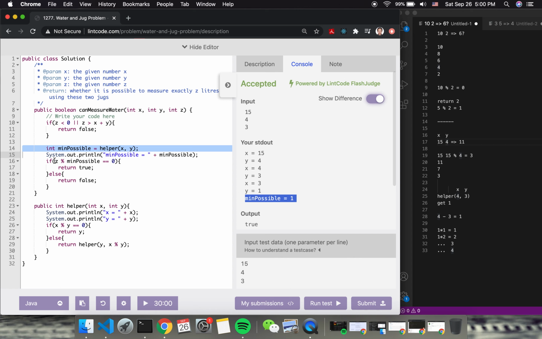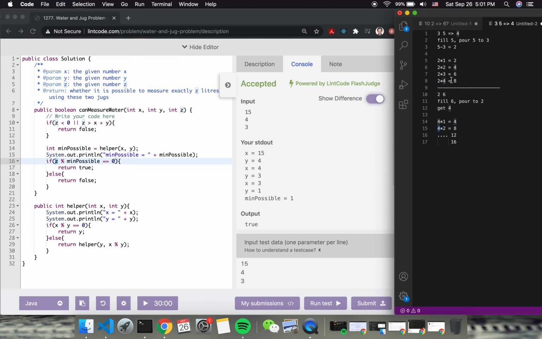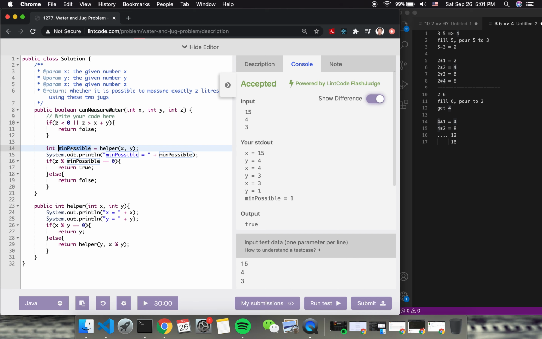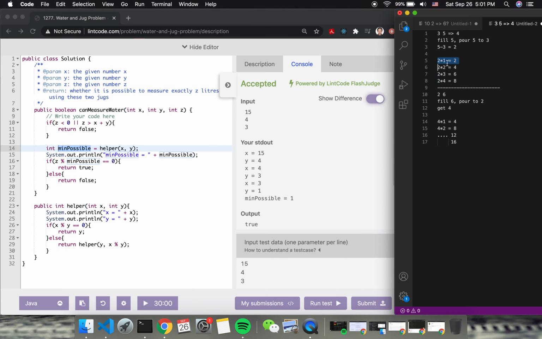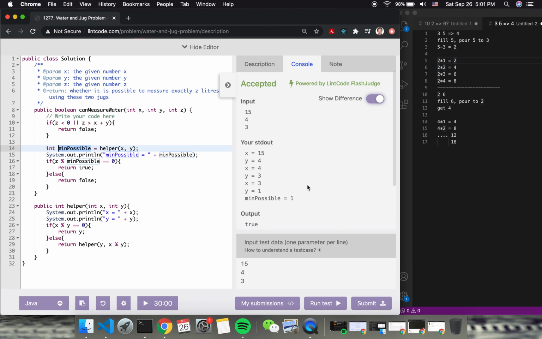From this 1, you can use Z to check if we can multiply the process again and again to get this Z. It is a little difficult to understand, but from the first process you really need to know what the minimum possible number is, and then you just keep multiplying the processes and check if you can get Z. Yeah, that's all.